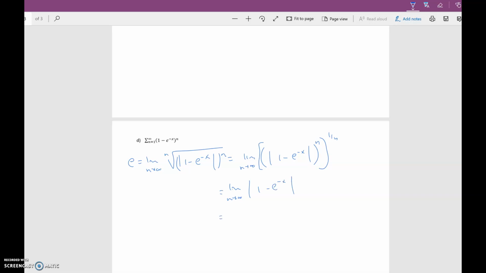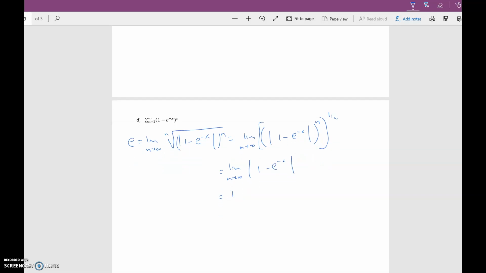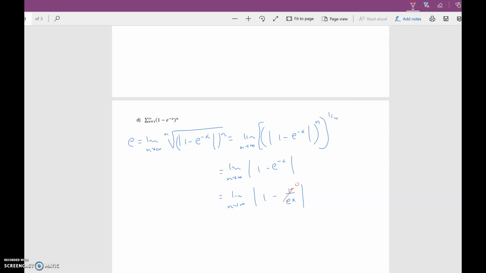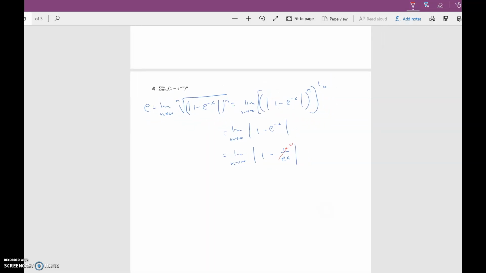And let me just take one more step. This one is the limit as n approaches infinity of 1 minus 1 over e to the x, which this one actually goes to 0. And this particular one gives us a value of 1.